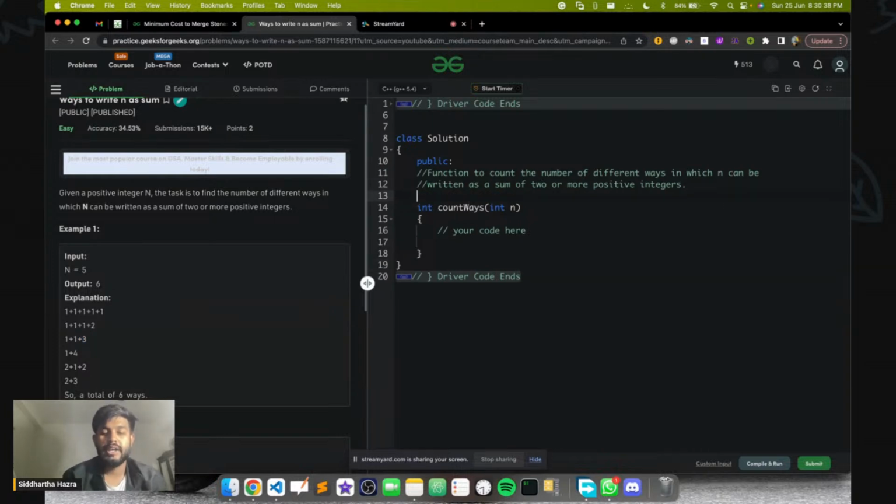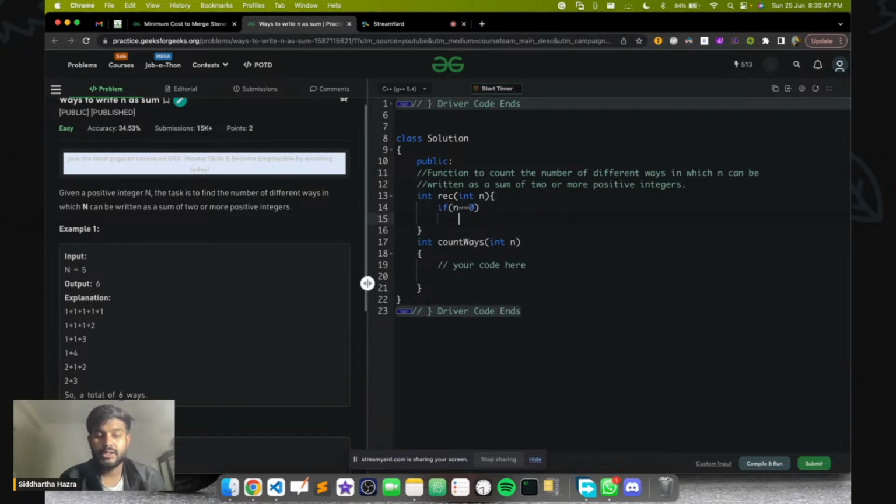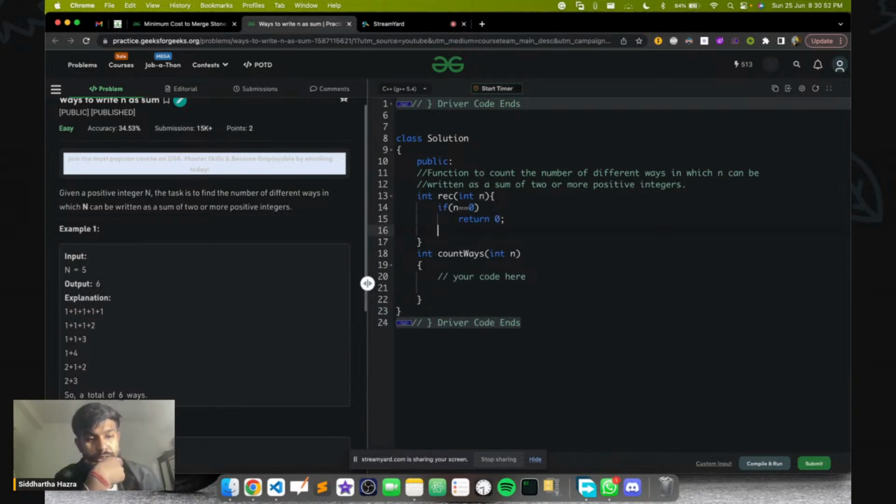Count the number of ways. Here the return type would be an integer, I would name it rec, and this would take an int n. If n is equal to 0, then just return 0 from this point. If n is not equal to 0, what do we really do? We need to remember the last value. So we can simply take n and int I, where I is equal to 1.